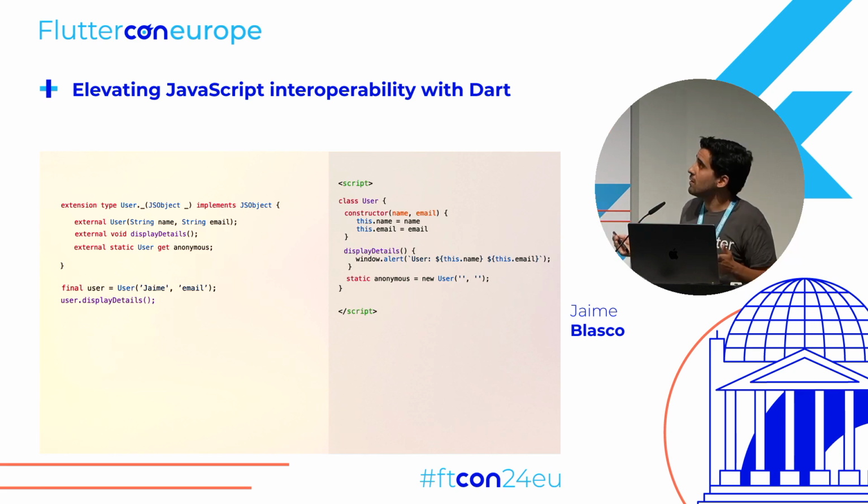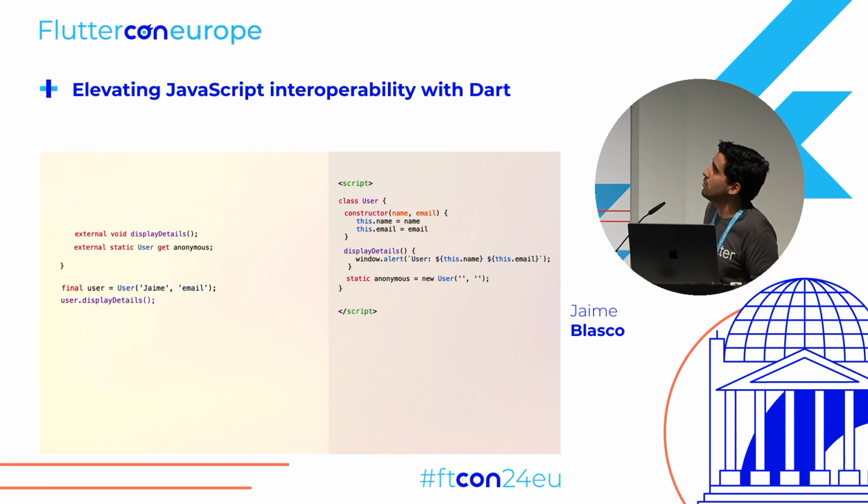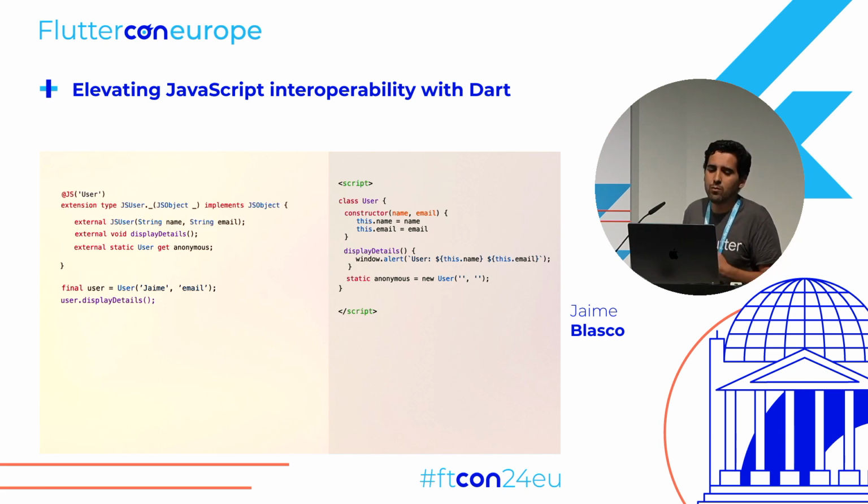There is not much complexity, but we still can tweak it a bit to make it more usable for our developers. For example, if we want to share this in a library with some users, we want to make it clear that the user is referencing a JavaScript variable. So we will put JSUser, we rename the variable so it's obvious it's a JavaScript variable.